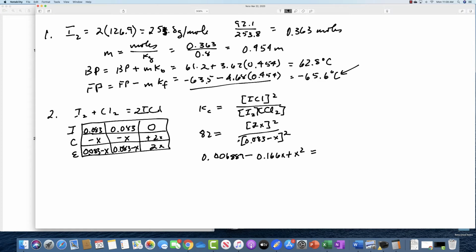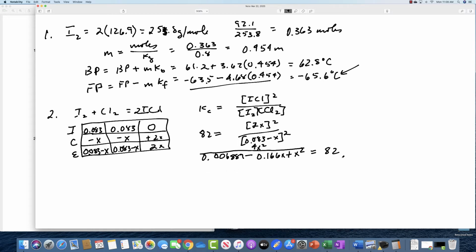Well, I'm sorry, let me do this over again. This is in the denominator, and on top we're going to have 4x squared, and then this is going to equal 82.